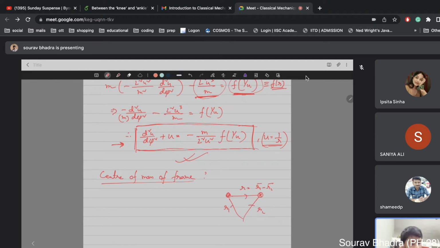We have defined R as m1 r1 plus m2 r2 by m1 plus m2. This was the position of the center of mass for that particular system, and this method is applicable in various problems in classical mechanics. So I will show you some of the problems.